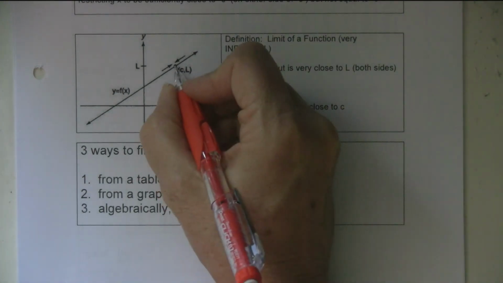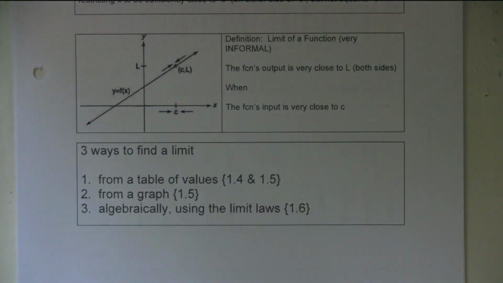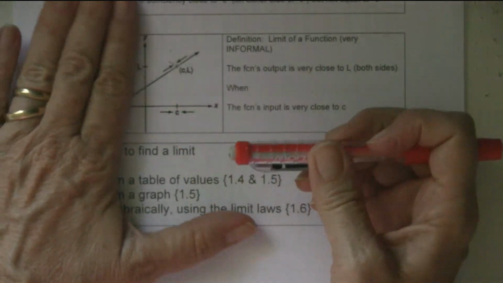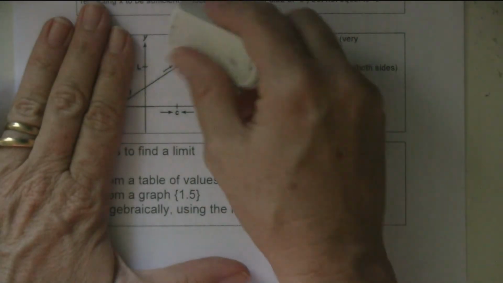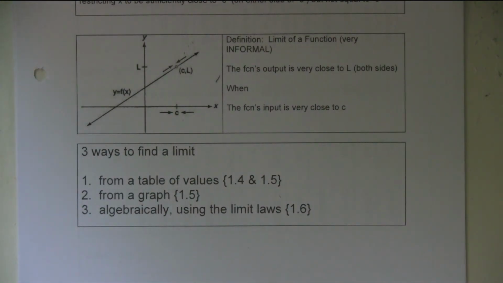And that doesn't matter if it's defined at c or undefined at c. So now that I filled that in, it's defined at c, and still the answer for the limit would be L. And when it's not filled in, it's undefined at c, and the limit is still equal to L.